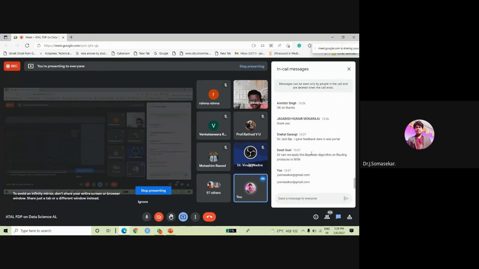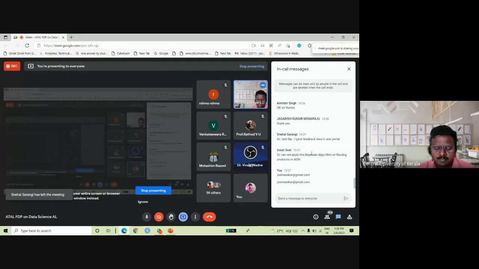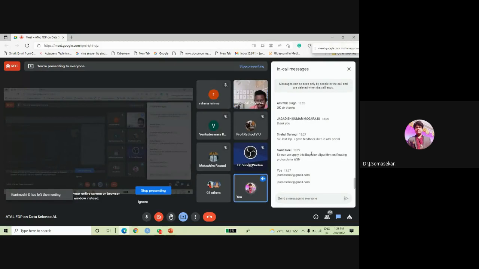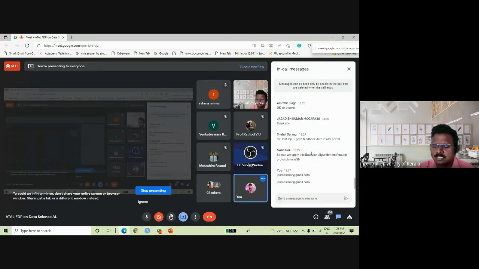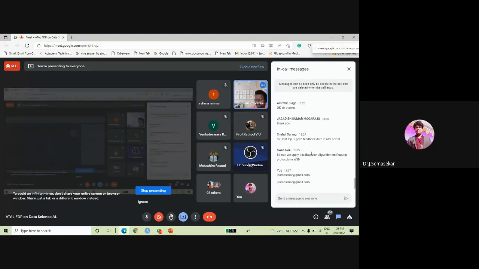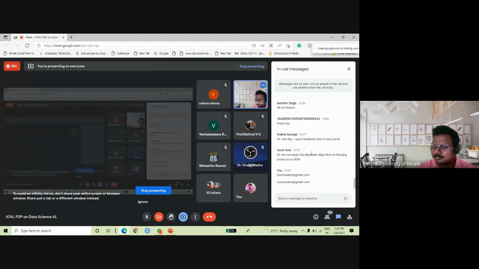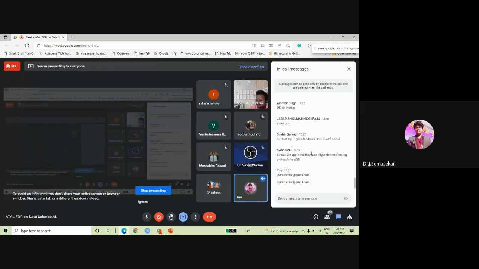Even statistics departments: if you take the University of Coimbatore, I gave talks there also, and the statistics department offers data science. Here also the mathematics department is planning to start. People with a mathematical background can do more justice to data science. Of course, we need programming also for implementation, either Python or R.